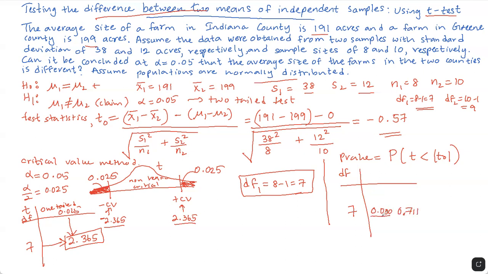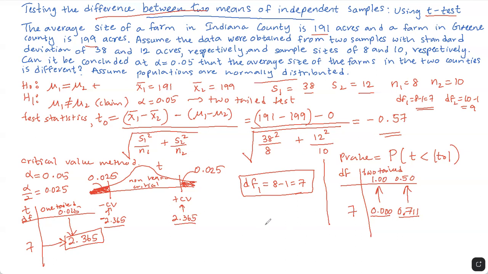Then you look at the alpha values under two-tailed, which are 1.00 and 0.50.